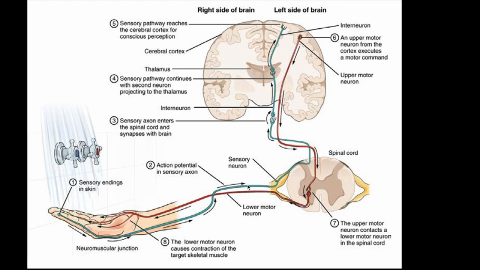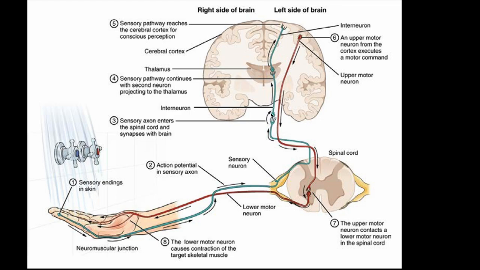This axon of this sensory neuron is going to enter through this root of a spinal nerve. So we're going into the spinal cord, and then we are going to send this information up to the brain. You can see that this axon is going to climb up through the white matter of the spinal cord, climb up through one of those ascending tracts all the way up here. We hook up with another type of neuron here called an interneuron. We're going to release neurotransmitter from this axon terminal of this sensory neuron.